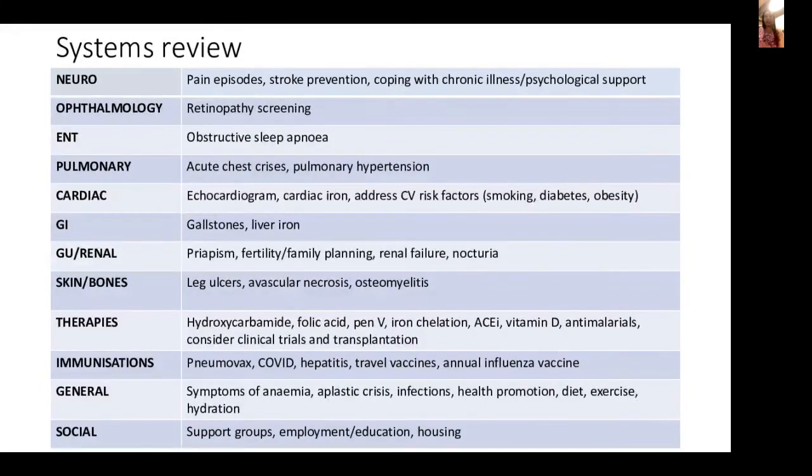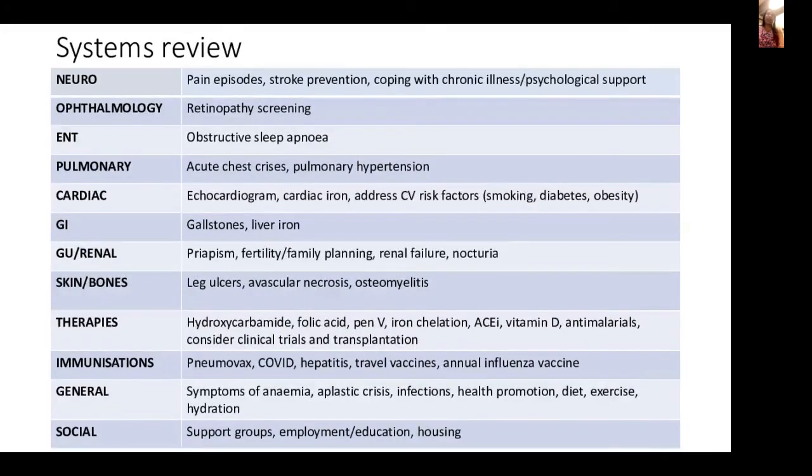You have to ask specifically, are they going up multiple times a night? And then screening the urine by doing a dipstick looking specifically at proteinuria, because fortunately some of our patients do end up developing even nephrotic range proteinuria and need to be started on an ACE inhibitor and managed in conjunction with the nephrology team.